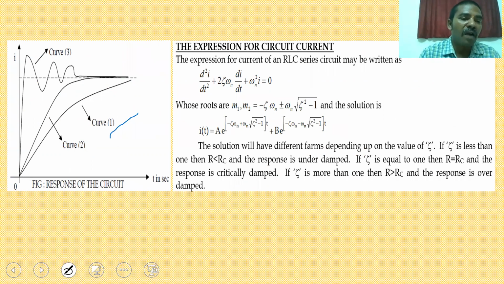Coming to the second case, where the roots are equal, the response is very fast with fewer overshoots. And in the third case, with complex conjugate roots, you get oscillations.